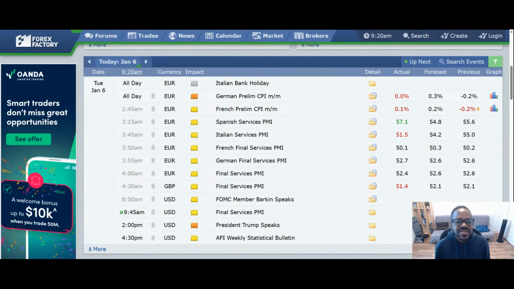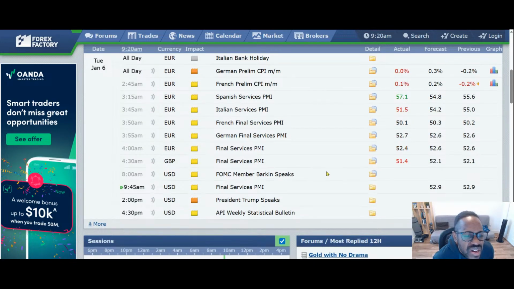So let's go on the chart. I'm just going to show you a few things that I'm going to be focusing on. But first, I'm going to check if there's any news currently. For the news, we don't have any red folders here.